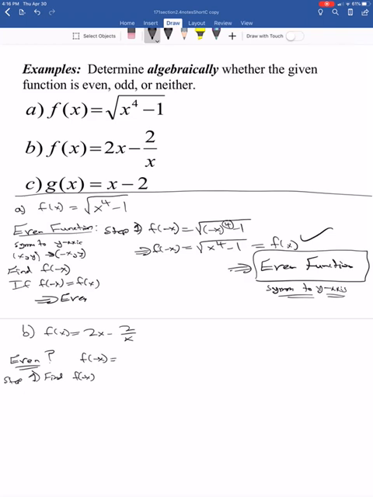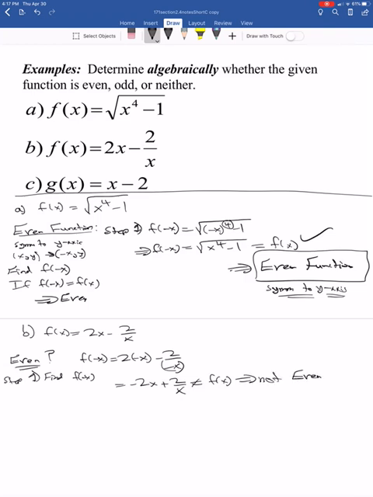So f of negative x is equal to 2 times negative x minus 2 over negative x. Out goes x, in comes negative x. As we simplify, we get negative 2x plus 2 over x, which is not equal to f of x, which implies it is not an even function.